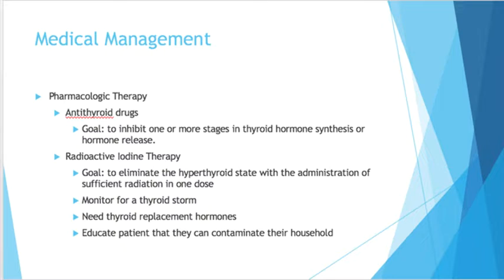So with pharmacologic therapy, there's two choices. There's giving antithyroid drugs or radioactive iodine therapy. With your antithyroid drugs, the goal is to inhibit one or more stages in thyroid hormone synthesis or hormone release.